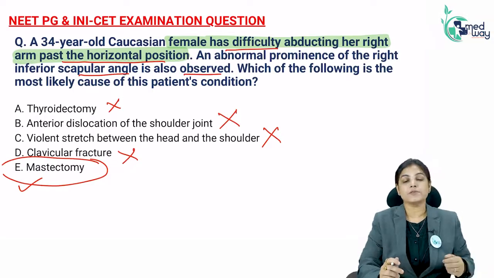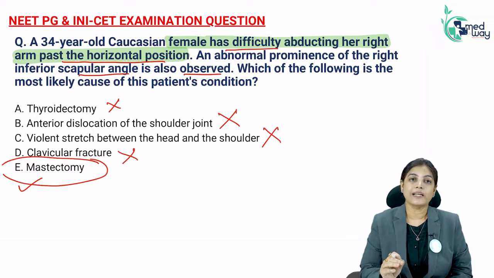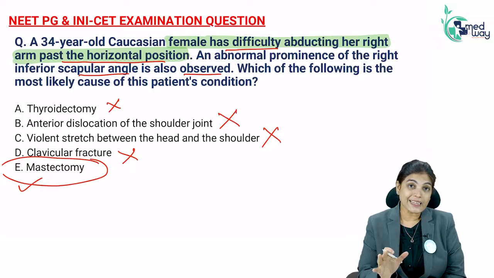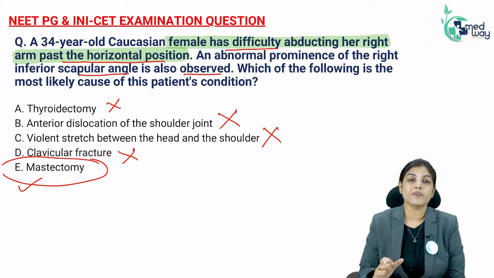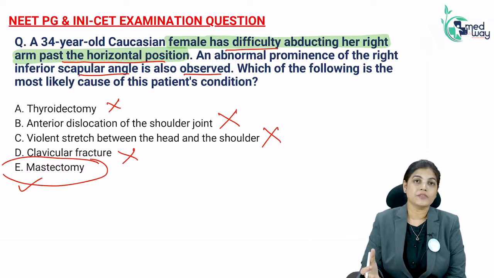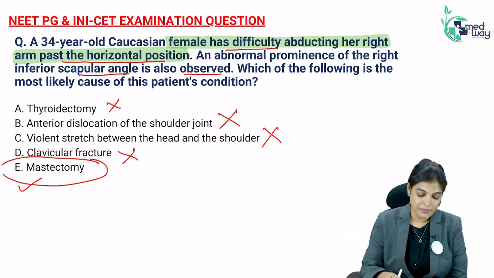Clavicular fracture is basically at the junction of the medial 2/3 and lateral 1/3. The serratus anterior muscle forms the medial axillary wall, and we approach for the removal of the breast via this space, and the long thoracic nerve is commonly injured. So the right answer is mastectomy.